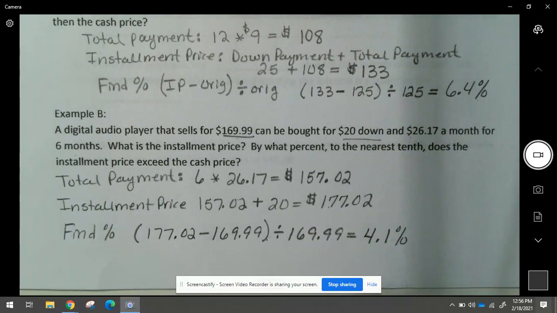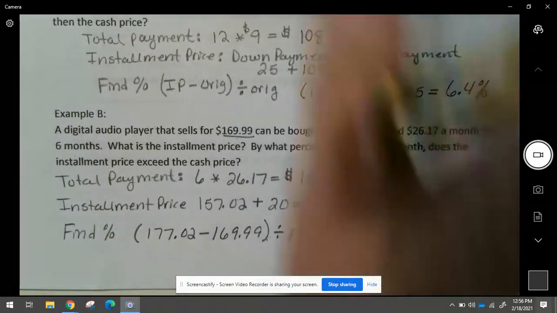It says to the nearest tenth, so we'll just make it 4.1. Okay, let's go over to the next page.